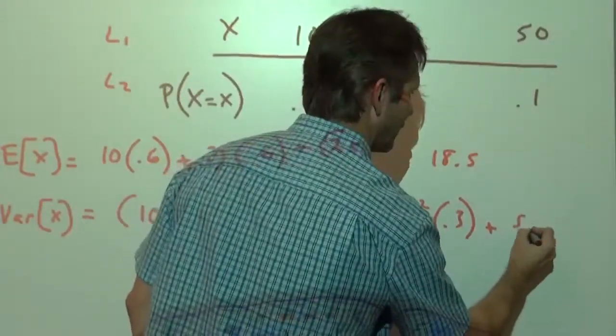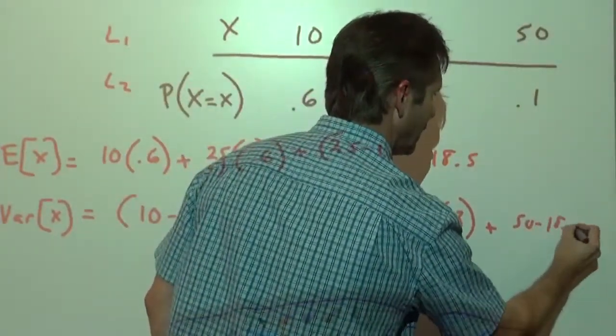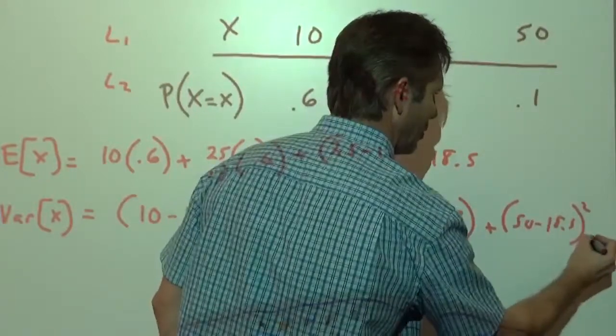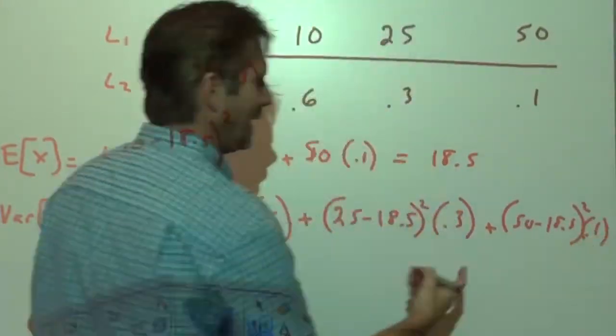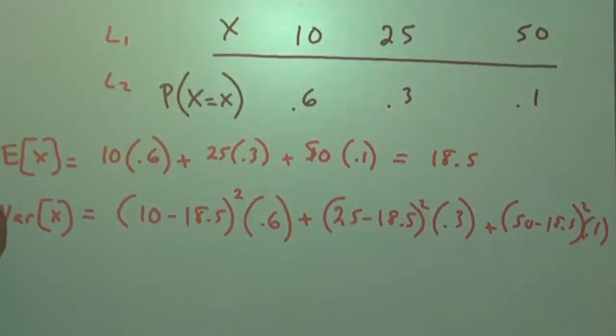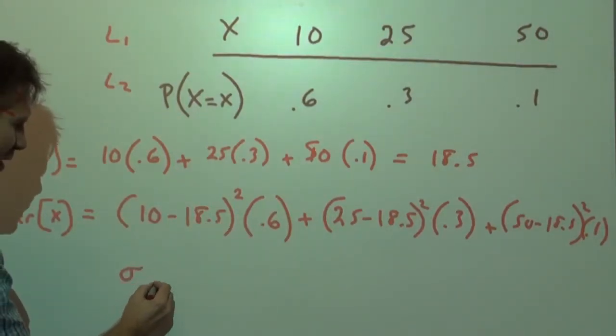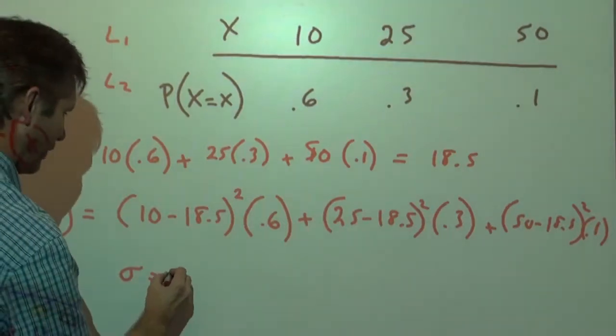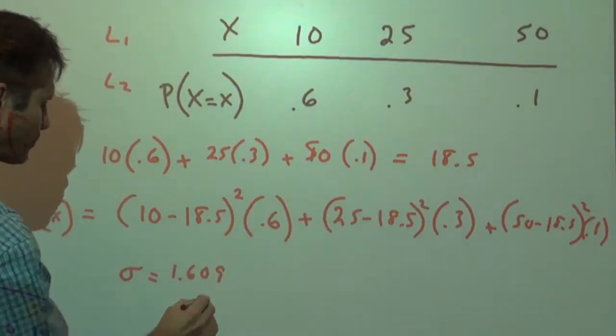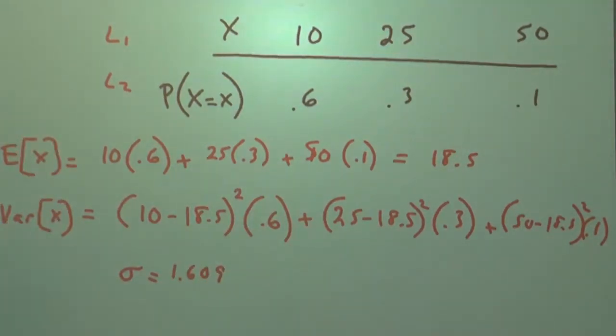Then lastly, we take the 50 minus the mean, square that deviation and multiply that by 0.1. Add all those up, we get our variance. Take the square root of that to get our standard deviation, which is 1.609. All right, so we have our expected value and our standard deviation.